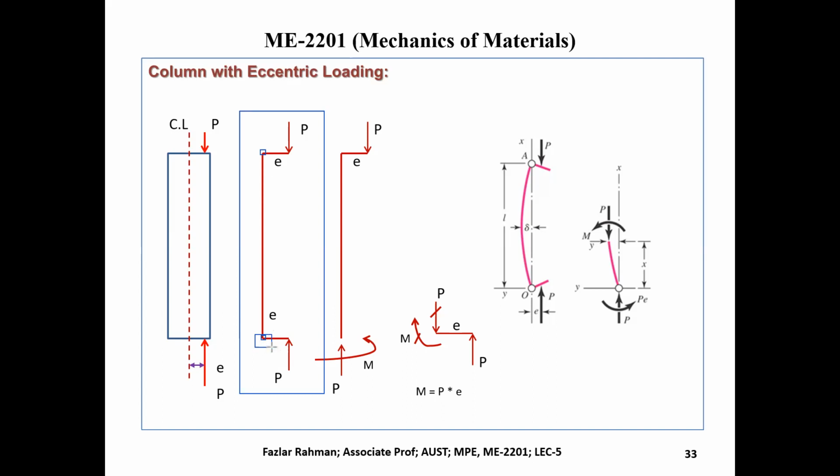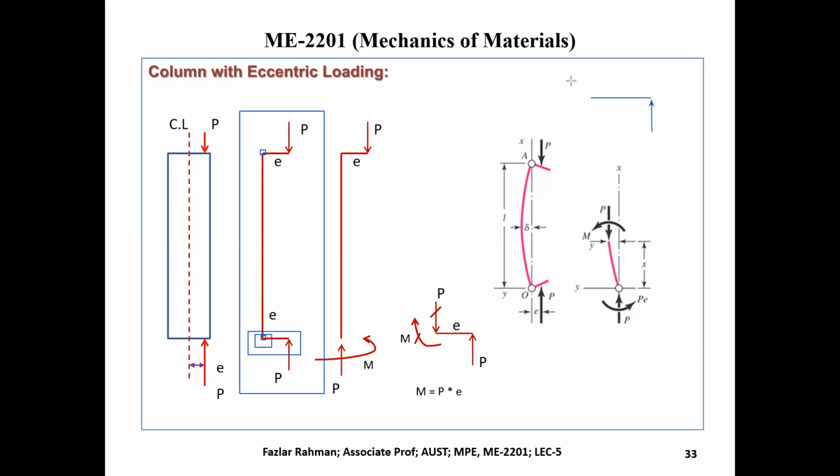So how can we do it? What I did, I cut this portion from the main column. So I will get this line. Then how much force is working right over here?